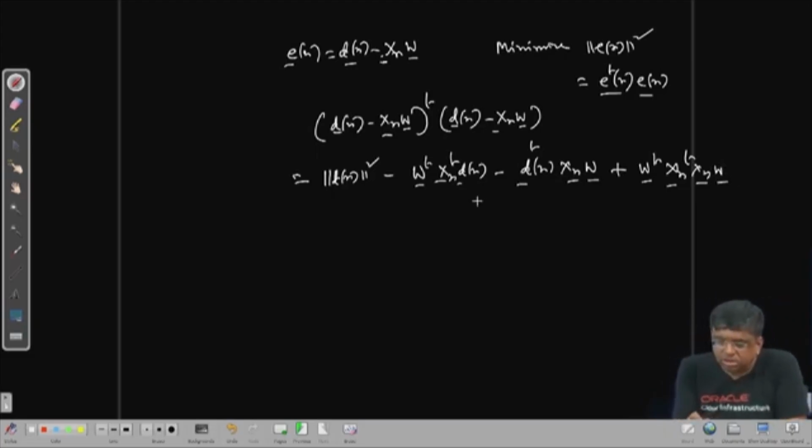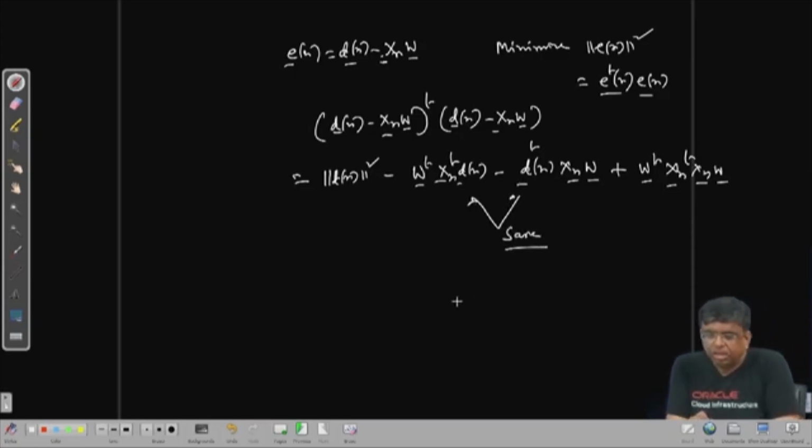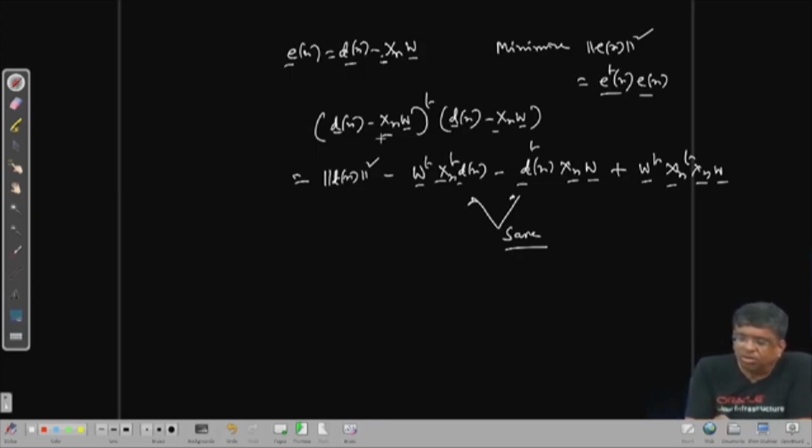Now, these two terms are the same. What is the transpose of the other? Because it is a scalar. All the terms are scalar here, isn't it? Because this overall thing is the norm square of En, which is a scalar. You can see here also, w transpose is a row vector, xn transpose is a matrix, so row vector into matrix is a row vector, into column vector is a scalar.